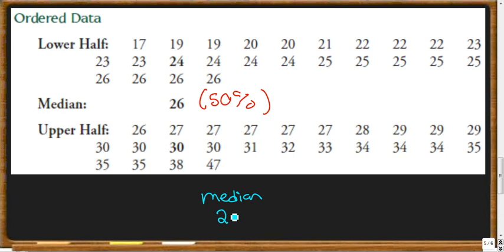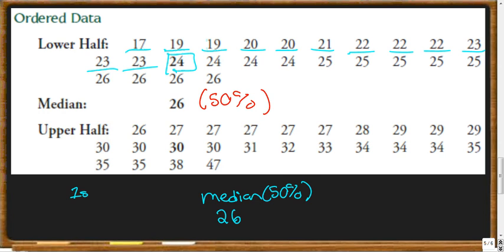If we look at this data, we should have 25 points of data for each of these. So we need to find the 13th: 1, 2, 3, 4, 5, 6, 7, 8, 9, 10, 11, 12, 13. That is the middle data point for the lower half, the first quartile, which is at 25%, and that is a 24.